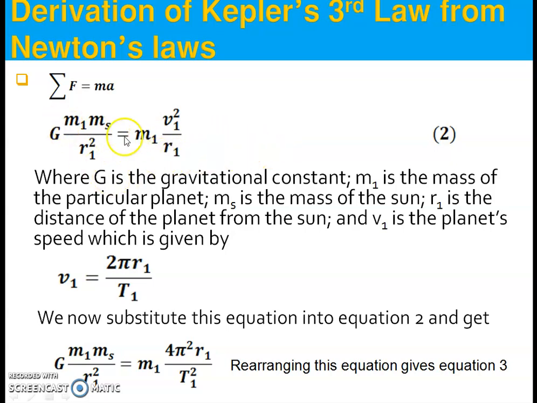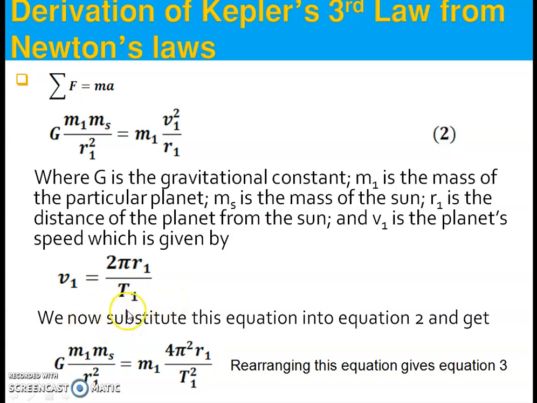So the given parameters in this equation 2 are that G is the gravitational constant, M1 is the mass of the particular planet, Ms is the mass of the sun, ρ1 is the distance of the planet from the sun, and v1 is the planet's speed, which is given by v1 equals 2 pi r1 over T1.